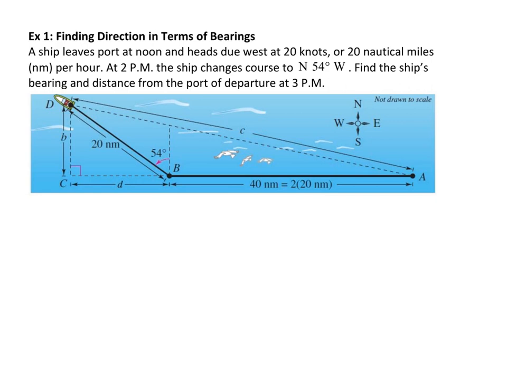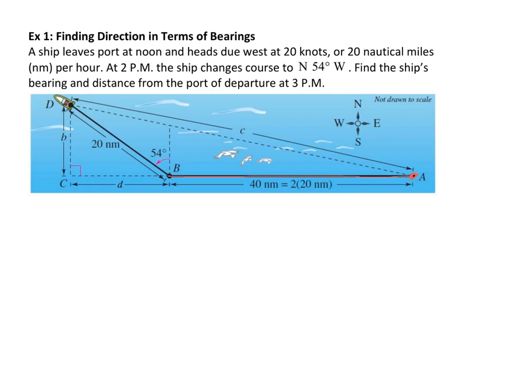A ship leaves port at noon and heads due west at 20 knots, or 20 nautical miles per hour. At 2 p.m., the ship changes course to north 54 degrees west. So this is where the ship starts from and goes for 2 hours, and then it changes direction.